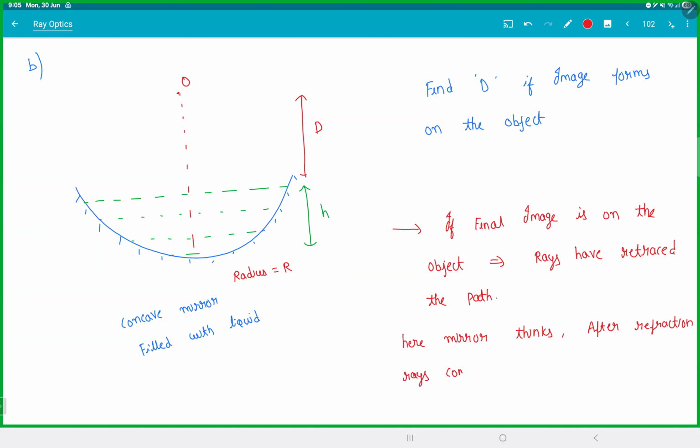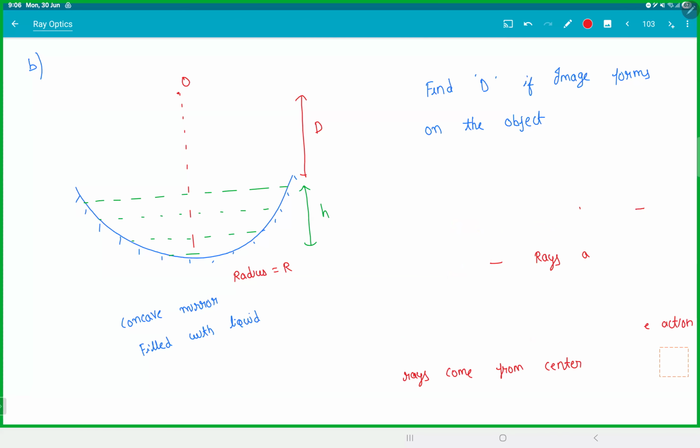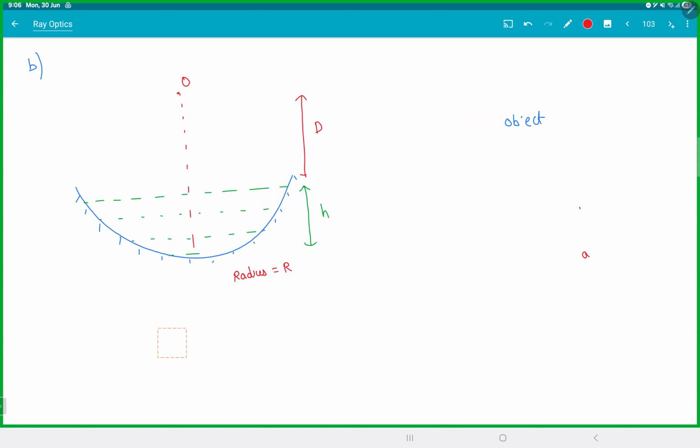That is the main catch in the question. That's it, then you're done. If you ask this person where the object is, he will say D. If you ask this person, he will say mu D. So if you ask the mirror where the object is, the mirror will say it is mu D plus H.